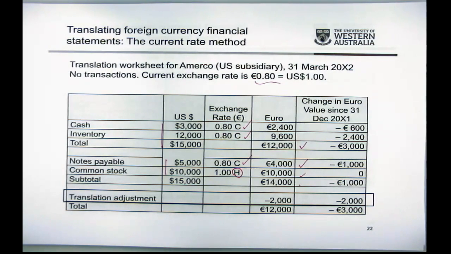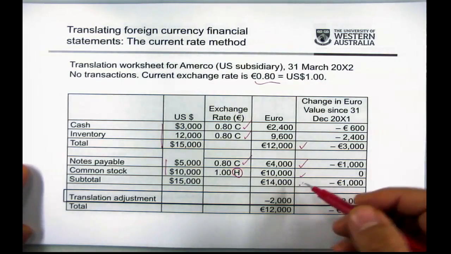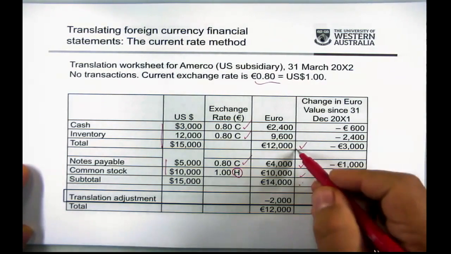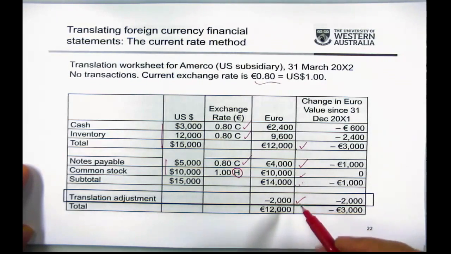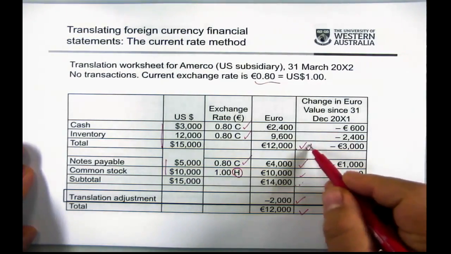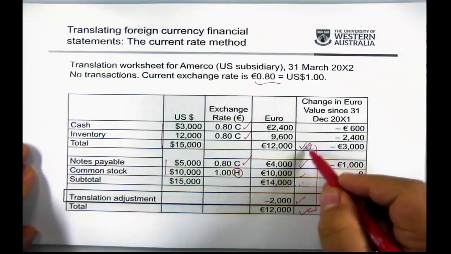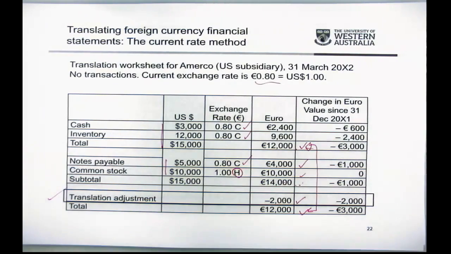Make sense? According to this situation, this side is greater than this side, so we should add a negative number, negative 2,000, to this side in order to make the total on this side equal to the total here. So we add negative 2,000. This is the translation adjustment according to the current rate method.